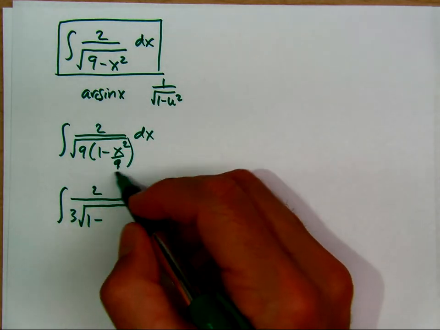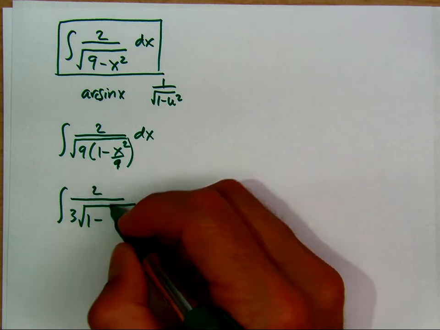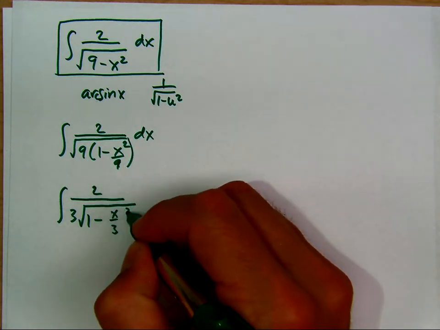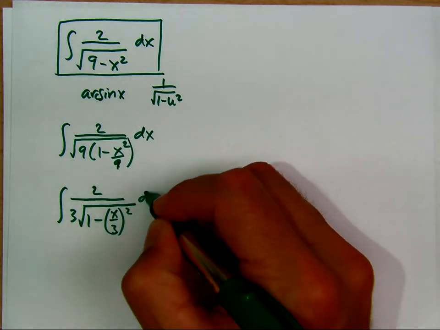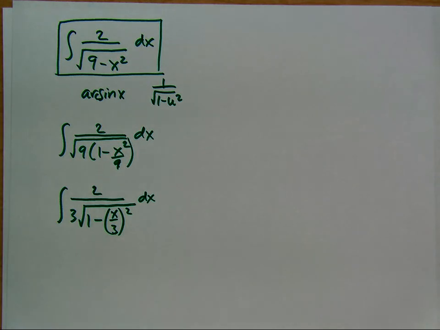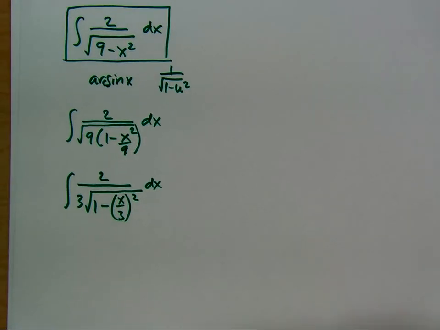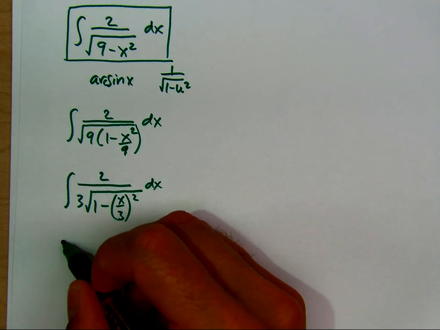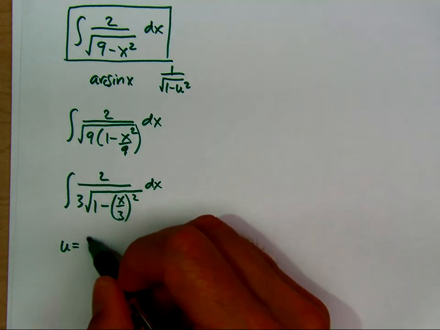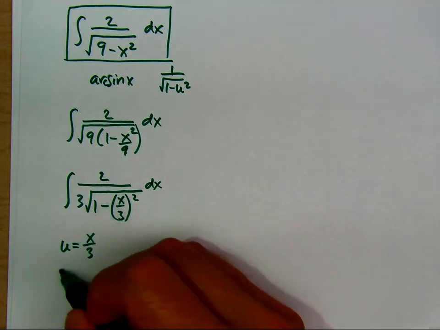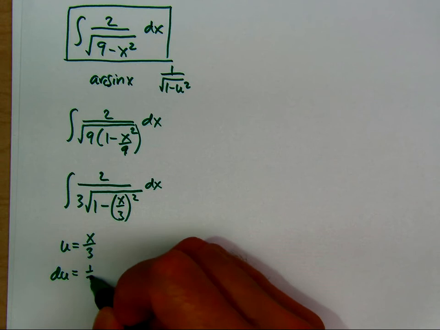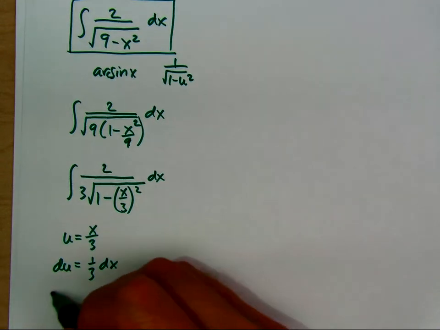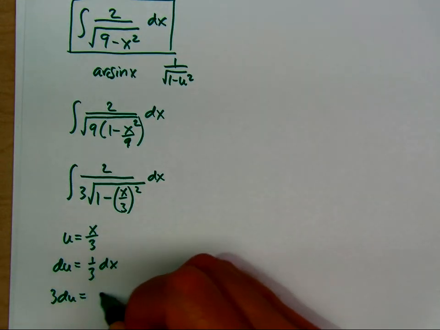We need to make this all one expression squared, so that would be x over 3 squared. And let's do substitution. u equals x over 3, du equals 1/3 dx, 3 du equals dx.